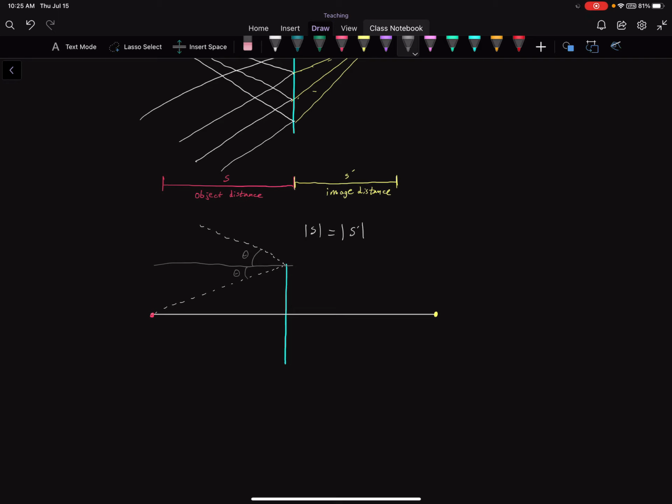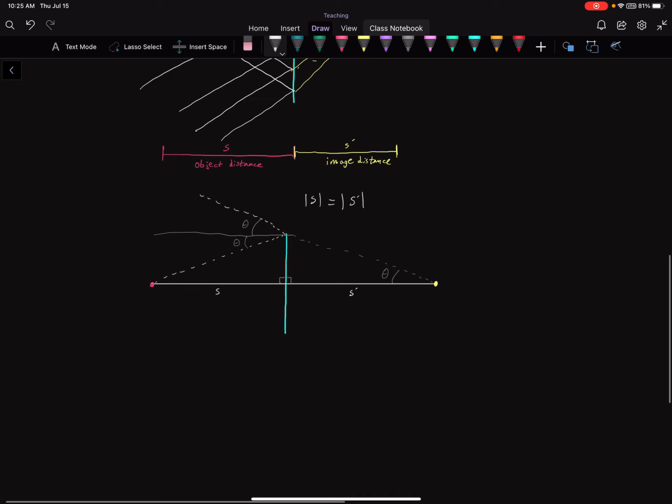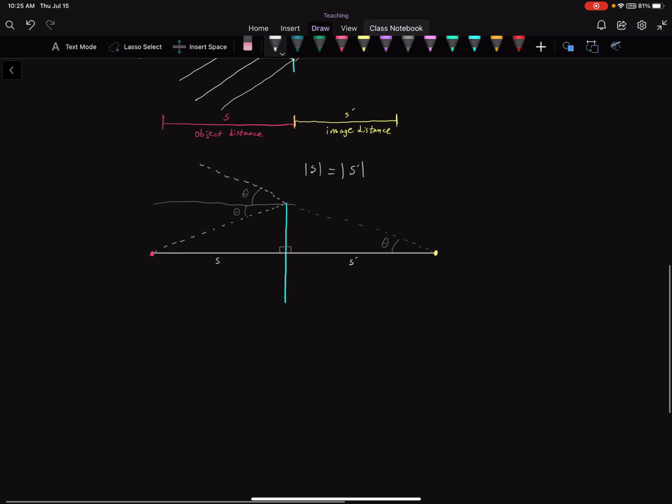Law of reflection. And if you were then to connect that point of reflection back to where the image is formed, that would be the same angle there. And you have similar triangles, right? They're congruent triangles. And so if this is the object distance, and this is the image distance, then you can tell that they are the same.